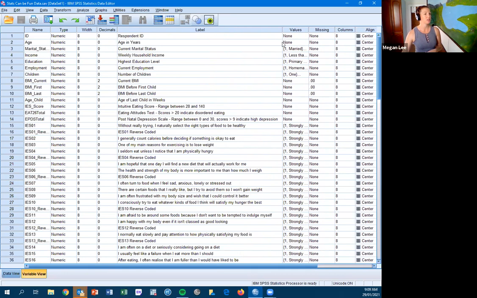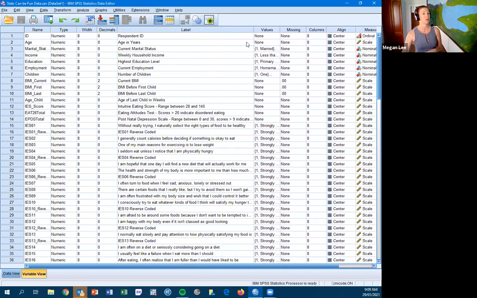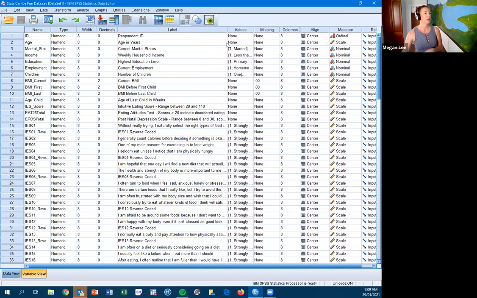So there's a couple of reverse coded questions in there as well. Now, a higher score on the intuitive eating scale means that there are higher rates of intuitive eating. Then we have the EAT 26, the eating attitudes test. It tells us whether or not people have disordered eating. So anything greater than 20 on the eating attitudes test indicates some disordered eating.